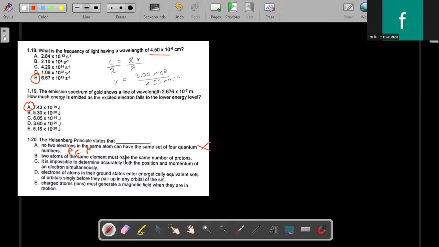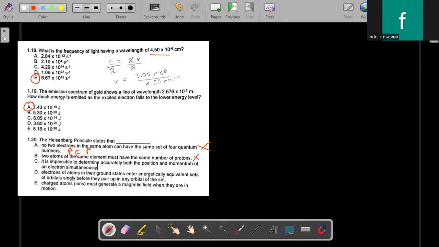We go to 2. Two atoms of the same element must have the same number of protons. So this has nothing to do with the Heisenberg principle. We go to 6. It is impossible to determine accurately both the position and the momentum of an electron simultaneously.